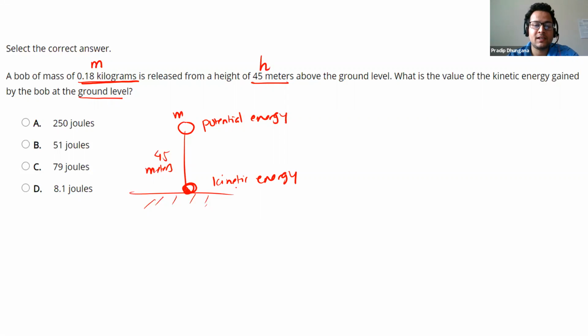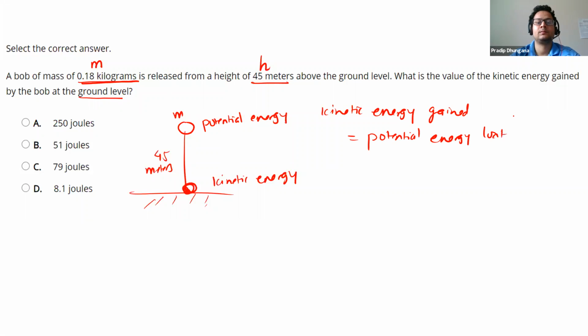So the kinetic energy at the ground should be equal to the potential energy. That means I'll write: kinetic energy gained is equal to potential energy lost. So this potential energy is converted to kinetic energy, think of it that way.